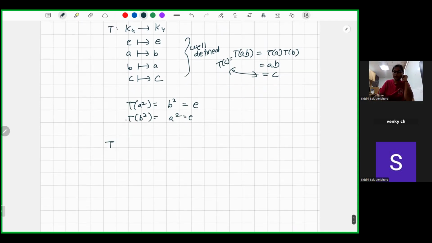You can check that this is well defined. So T is a well defined group homomorphism, isomorphism, and automorphism.